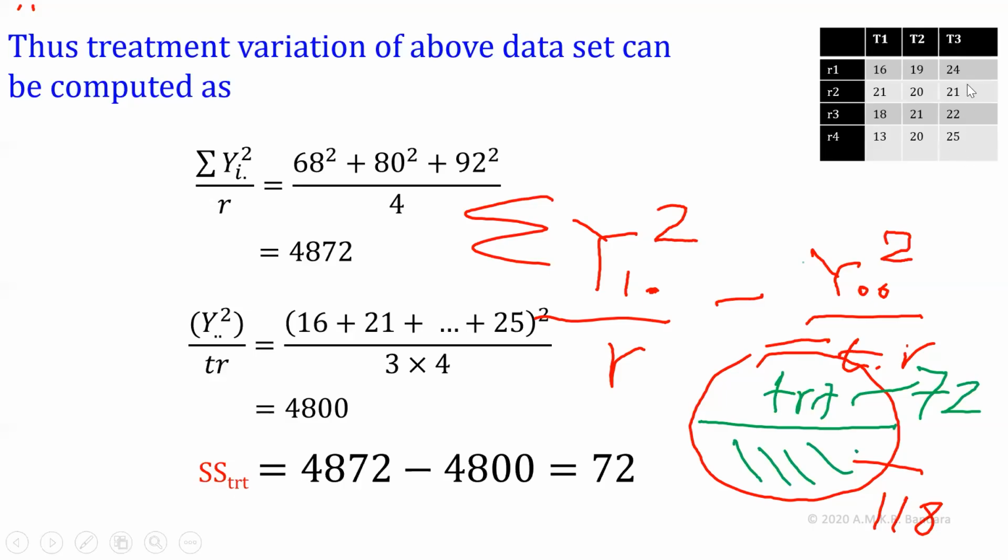We know the total variability comprises between treatment variability and within treatment variability. The total variability is 118, between treatment variability is 72, then within treatment variability is 46.